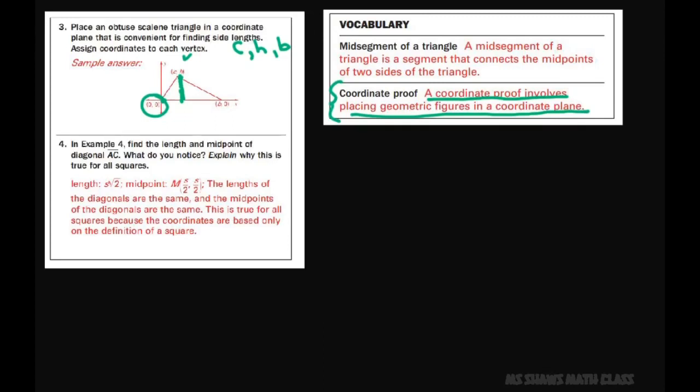Now, in example 4, I didn't put example 4 here. Let's see what it says. What do you notice? Explain why this is true for all squares. So basically, if you have a square, all the sides are the same.